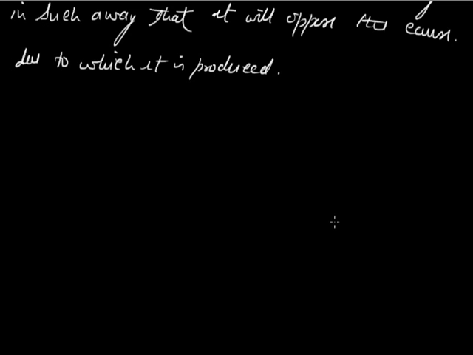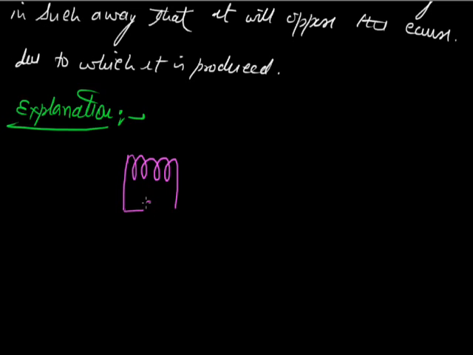Now, the explanation. This one is a solenoid. A galvanometer is connected to this solenoid. The magnet is here. This one is the north pole and this one is the south pole. The motion of this magnet is towards the coil.